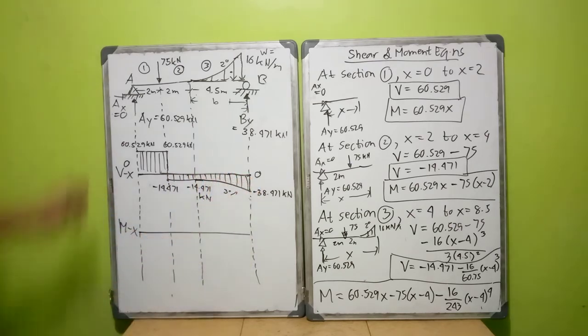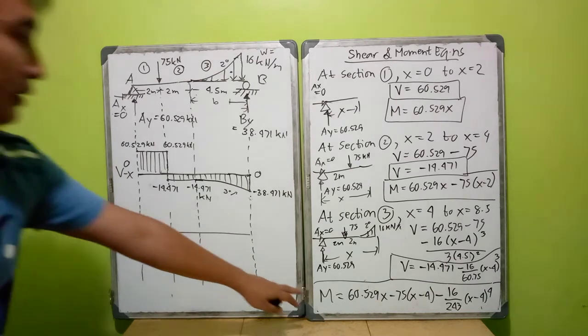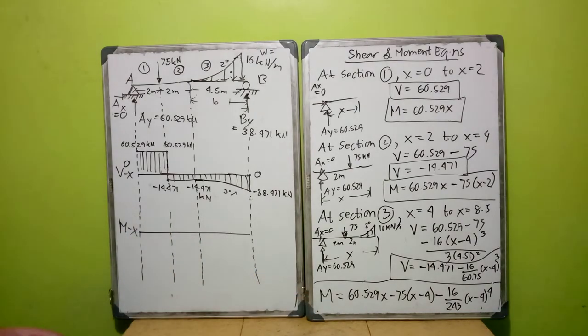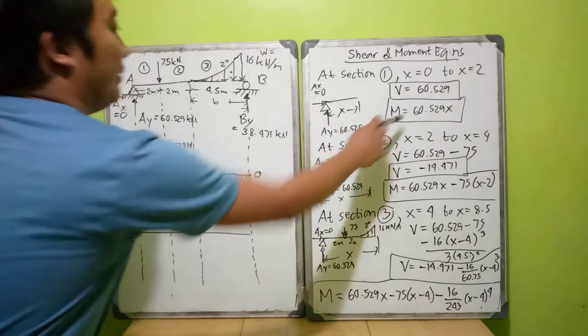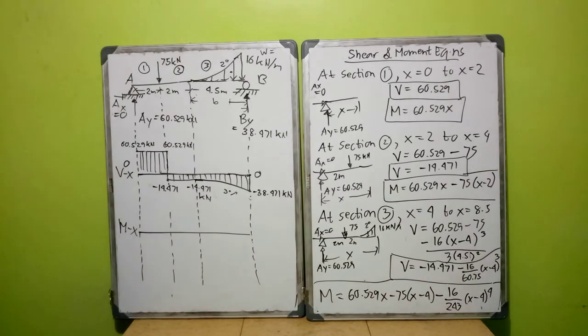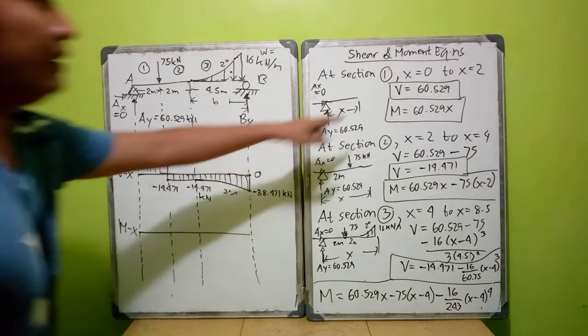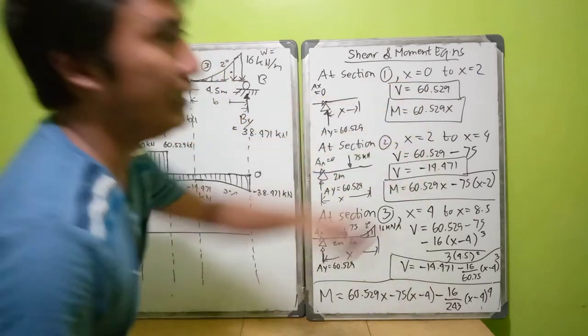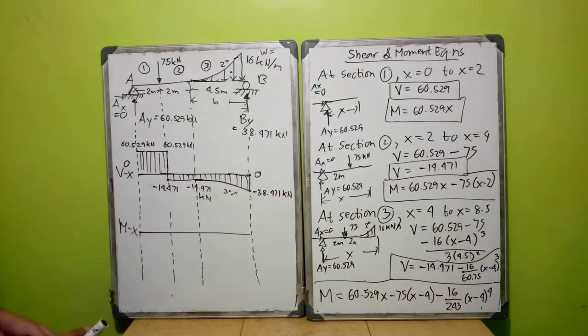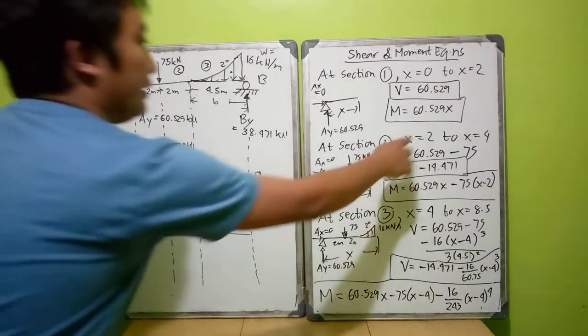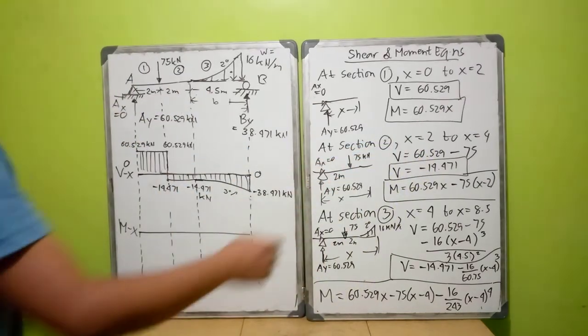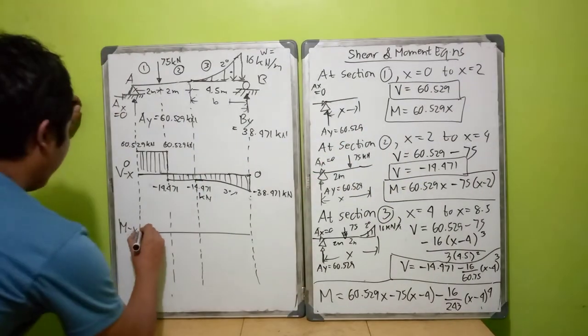So what about our moment? Here we got M equals 60.529x at section 1. In order to lessen our efforts, we can directly substitute the beginning and end. When x equals 0, your M is 0 also.